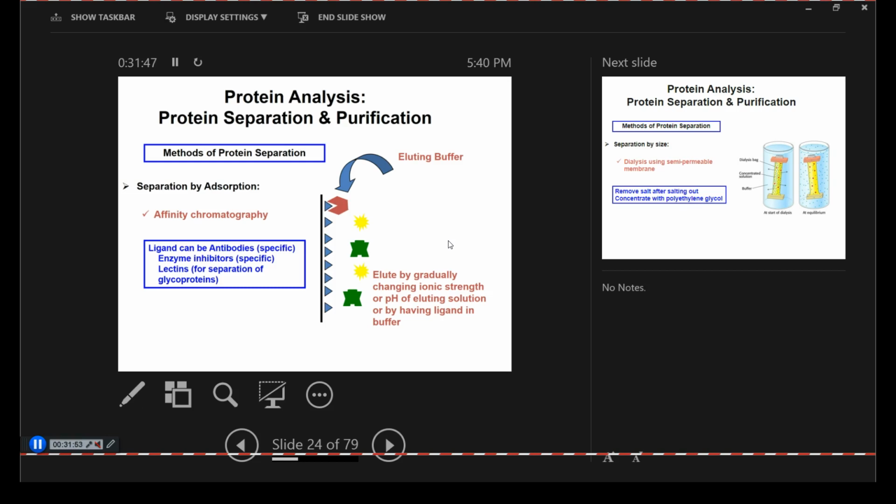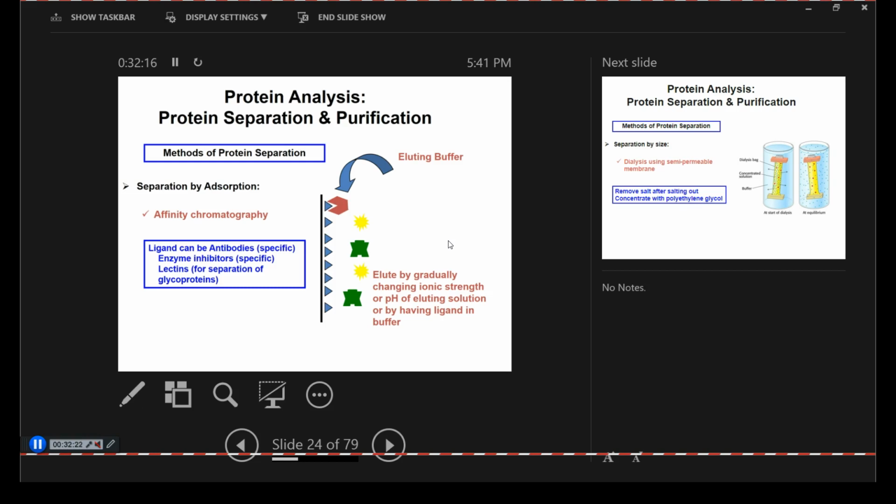If I want to produce purified antibodies, for example, or very pure antigens for an immunoassay, I can use affinity chromatography. In affinity chromatography, the interaction of my protein of interest is very specific to the functional groups on the column. Highly specific interactions.